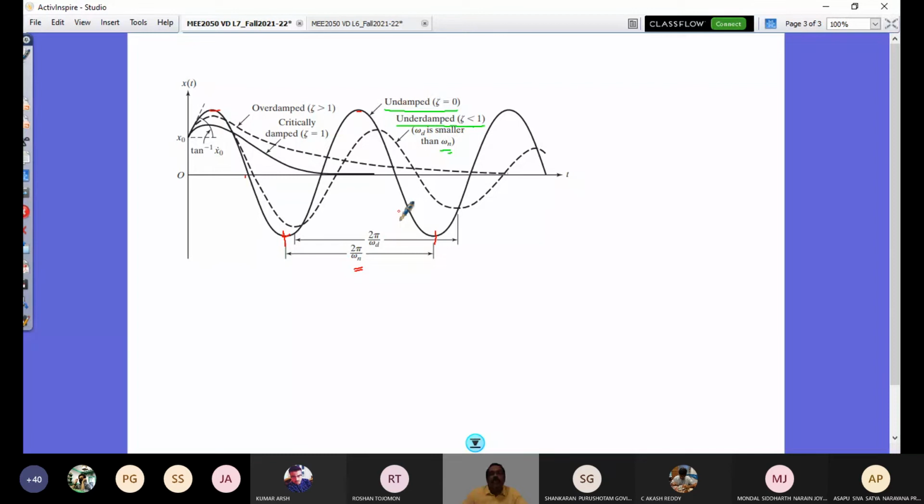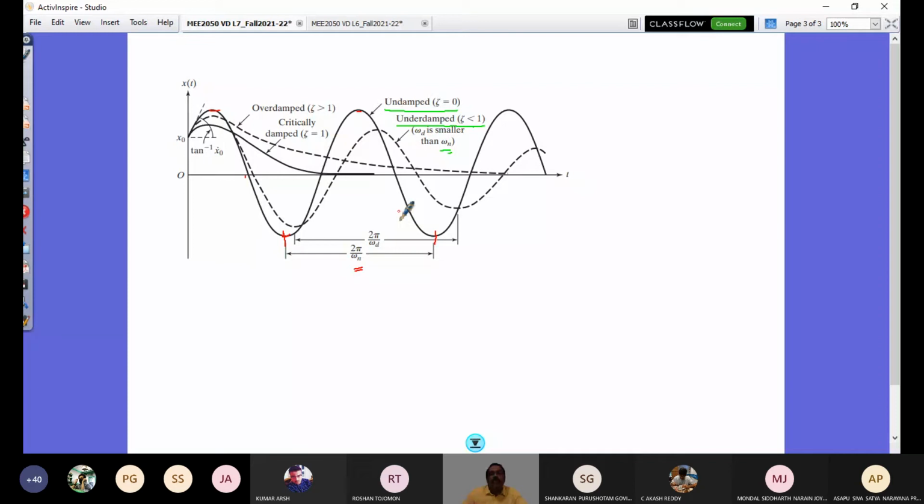So it's log base e of x1 of t, which I take from the cosine function: x e raised to minus zeta omega n t cos(omega d t1 minus phi), divided by x e raised to minus zeta omega n t2 cos(omega d t2 minus phi).